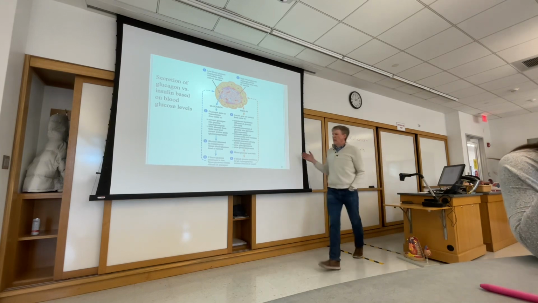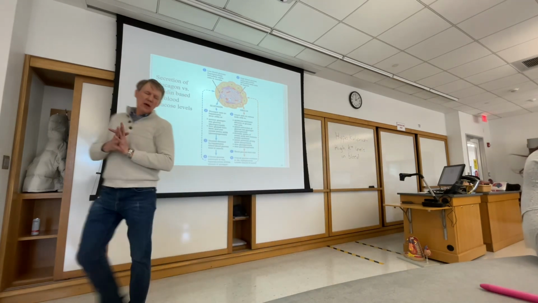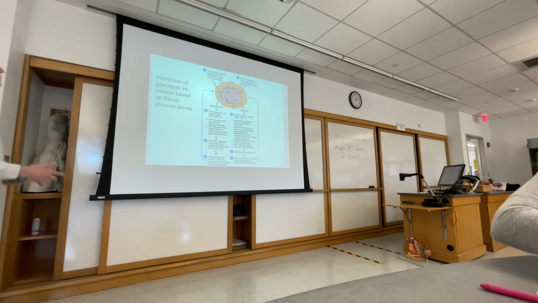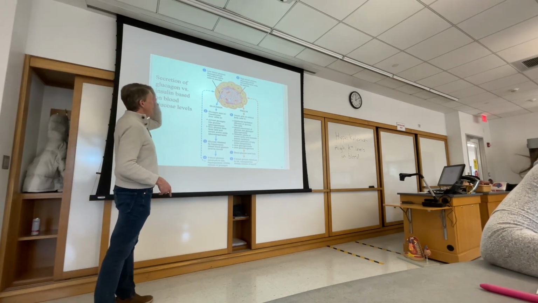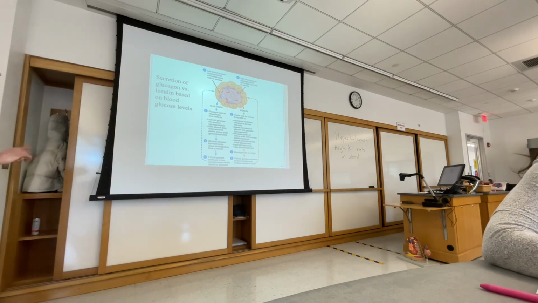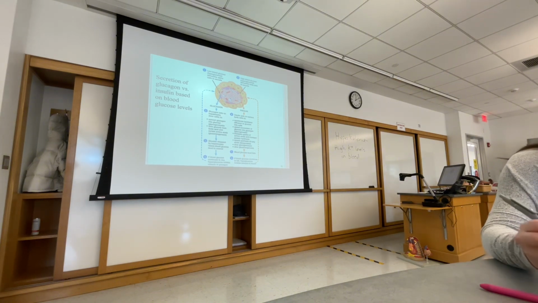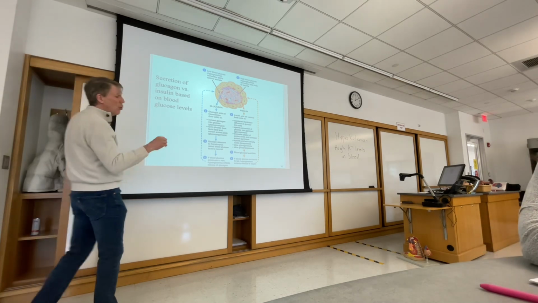This is showing you the interplay between glucagon and insulin secretion based on blood glucose levels. So over on the left, let's suppose it's been a couple of hours since you last ate. So your blood glucose levels are naturally going to start to fall. So you have hypoglycemia.